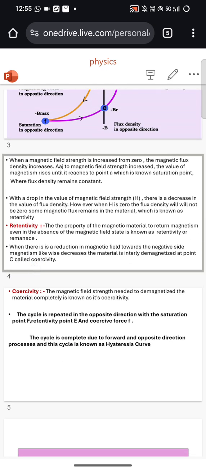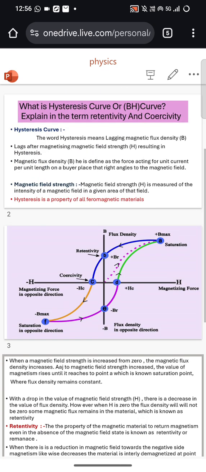The cycle is complete due to the forward and opposite direction process, and this cycle is known as the hysteresis curve. On the x-axis, magnetizing force H is there, and on the y-axis, flux density is there.